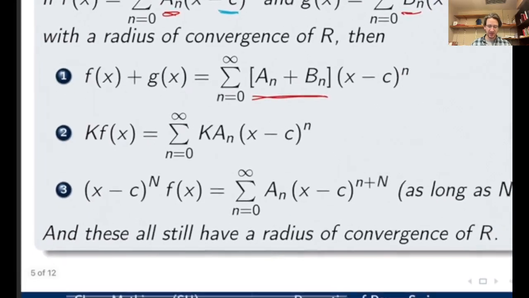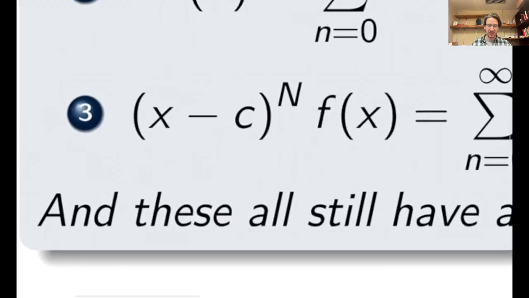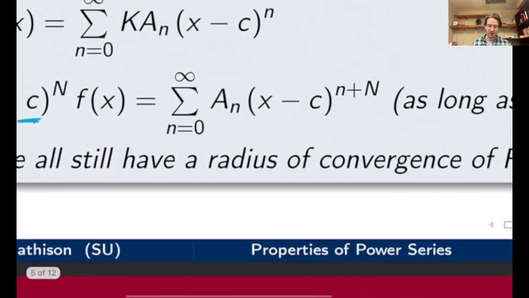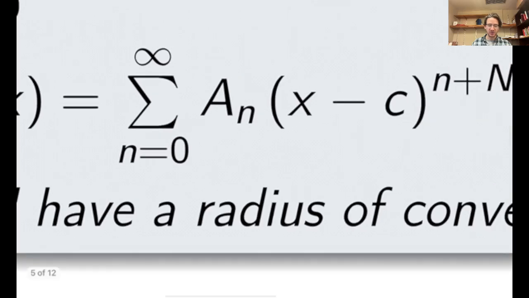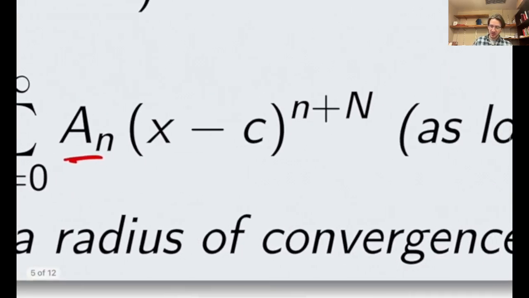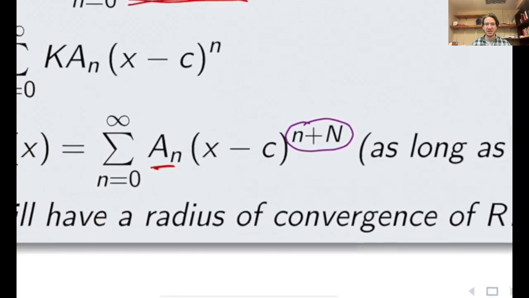And lastly, if I multiply f(x) by (x minus c)^N, so again, c there is that center for all these power series expansions, then I'm going to get the sum from 0 to infinity of, so the coefficients stay the same, but notice the power on my x minus c.